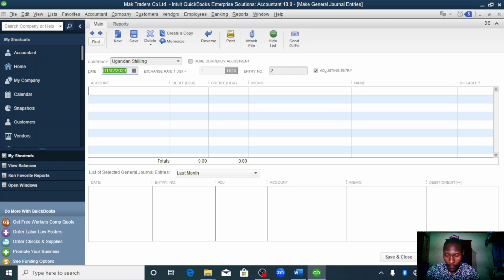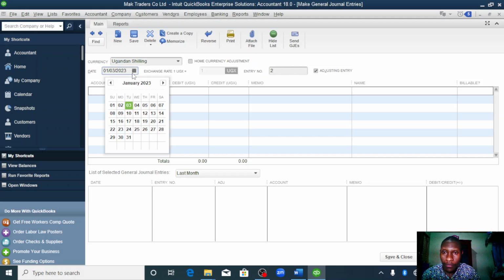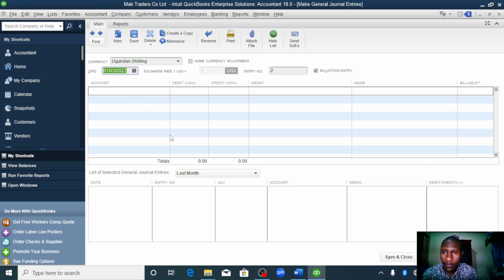Transaction on 3rd January, they are saying obtained a 5-year bank loan worth. There's another on the 3rd that is saying withdrew Uganda shillings from the bank for business use.